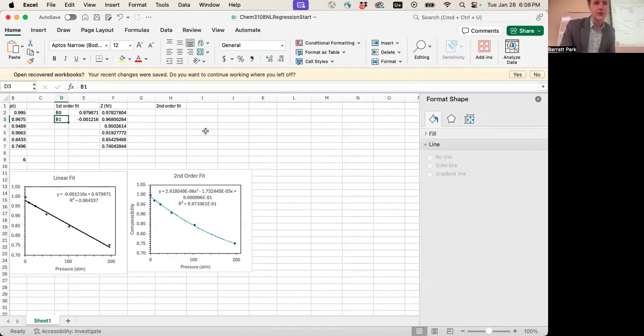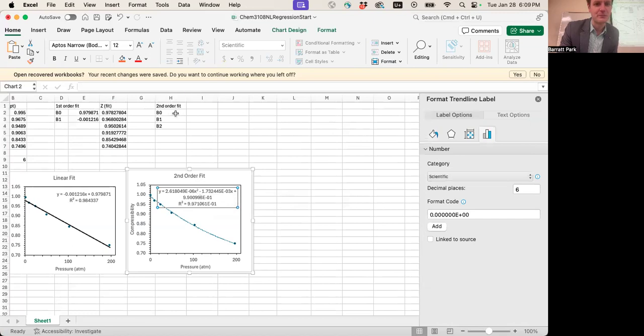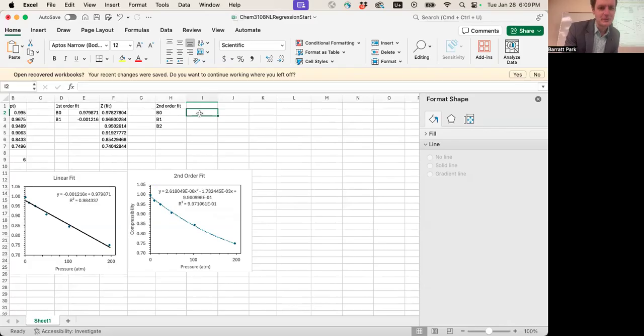In the second order fit, we've got B0, B1, and B2. And I can copy those numbers down here from the graph. So the intercept is going to be B0. That's going to be this number down here, the 0.99 number. So I'll just copy and paste the number up here.